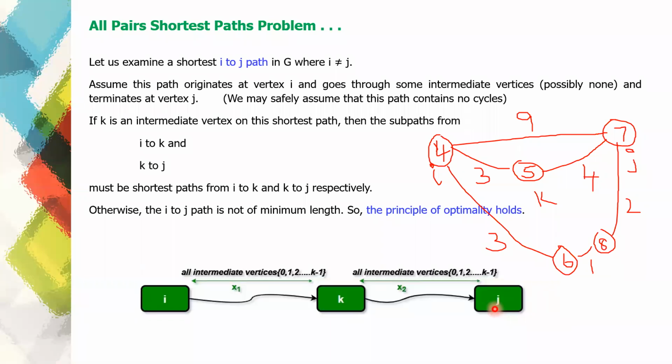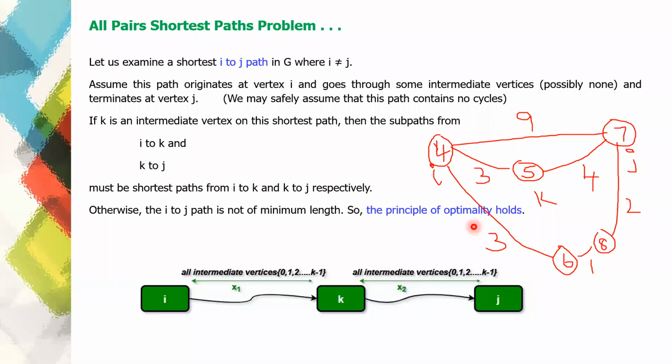If this is taken care of, then such an algorithm is said to satisfy the principle of optimality. The principle of optimality says that the sub-solutions of an optimal solution must also be optimal. If there is an optimal main solution and it has some sub-solutions, then those sub-solutions must also be optimal.